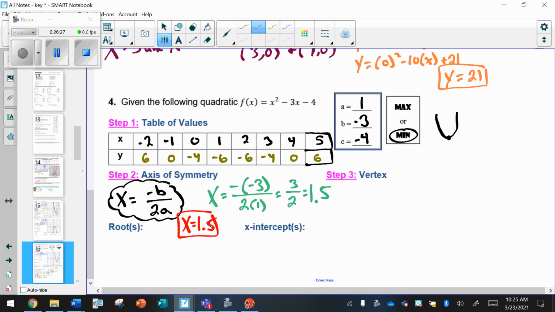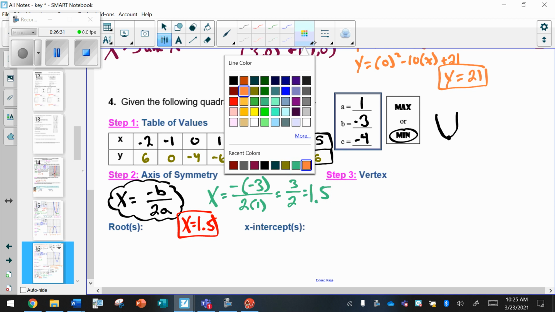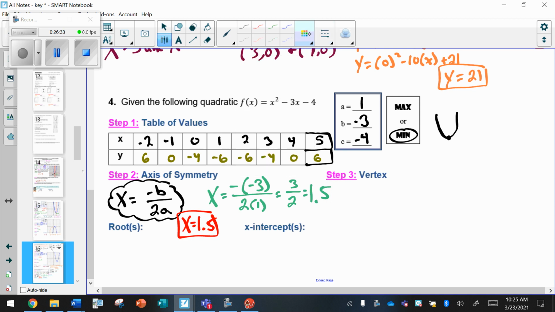Now, to find our vertex, we are going to take that value of 1.5 and plug it into our function. So we're going to find f of 1.5. We'll do 1.5 squared minus 3 times 1.5, and then minus 4. So go to your calculator, type that in.